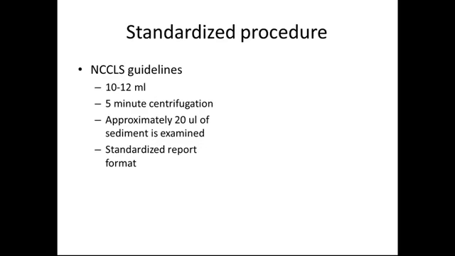It is a standardized procedure, and we use NCCLS guidelines, which include, in the exam, 10 to 12 milliliters of urine, a 5-minute centrifuge, approximately 20 microliters of sediment examined, and a standardized report format.